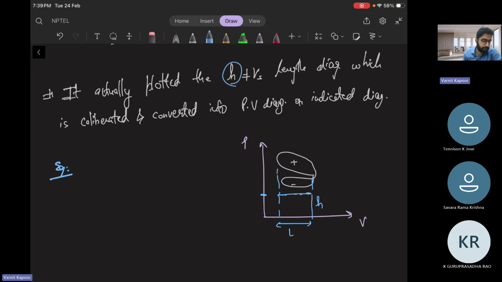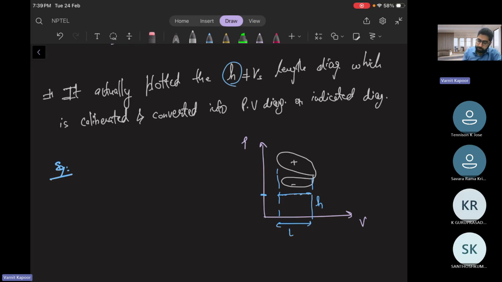So let us say my L is 2.5 centimeter, and I know the net area from positive and negative is given to be 7.5 centimeter square.